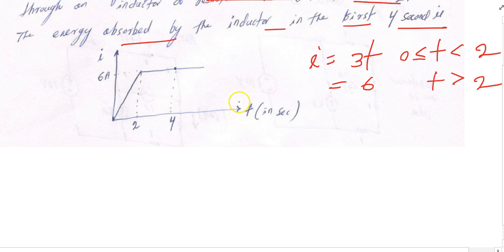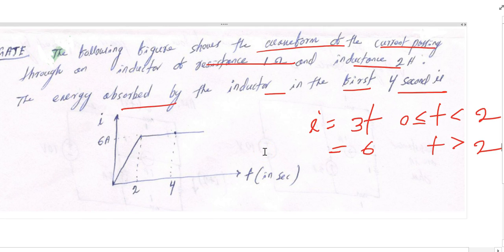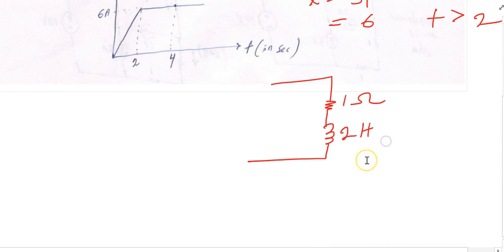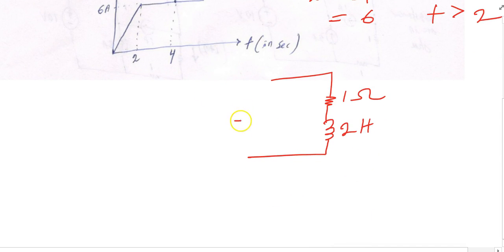There is a discontinuity. As for the given question, the inductor can be represented as a resistance and an ideal inductor of 2 Henry, and this is your 1 ohm. That means the current source has been connected like this.